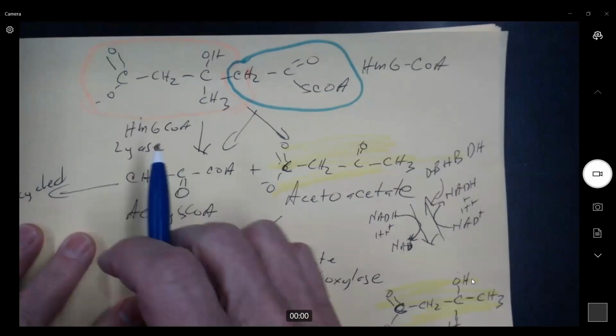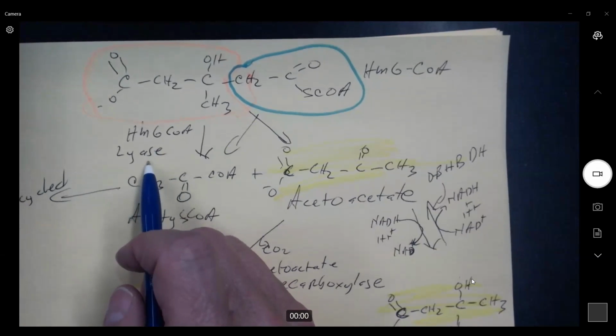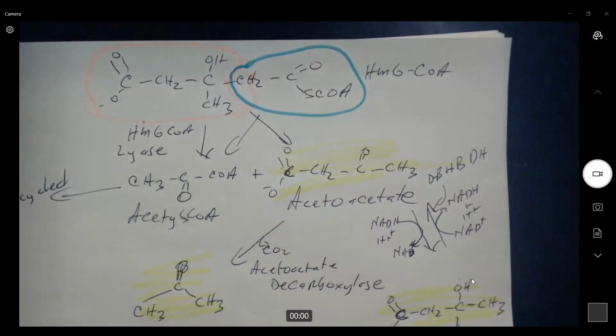Mutations, by the way, in the HMG coenzyme A lyase will result in something called HMG aciduria.